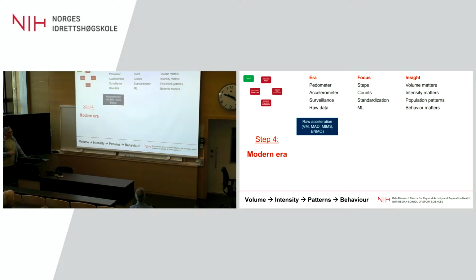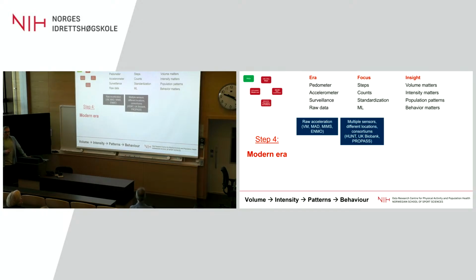And now, moving forward, we see a lot more use of raw acceleration. So we're moving away from the brand-specific counts into more monitor-agnostic estimates of accelerometer signals. So MAD, MIMS, and ENMO, you might be aware of those.